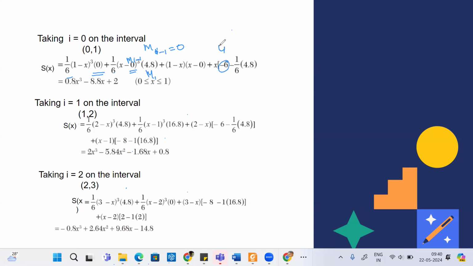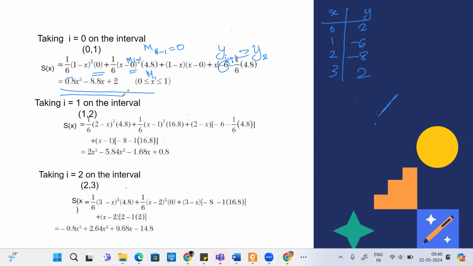Minus 6 is the value of y i plus 1, that is y2. Our values are x: 0, 1, 2, 3 and y: 2, minus 6, minus 8, and 2. So we are putting the values here and we find the first cubic spline polynomial.